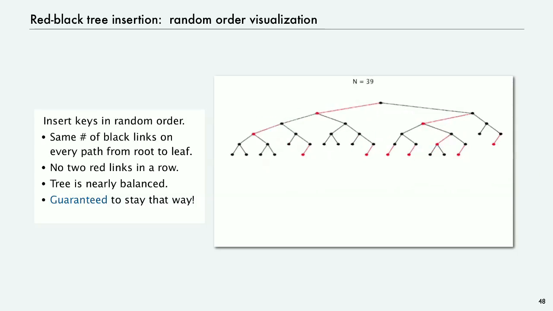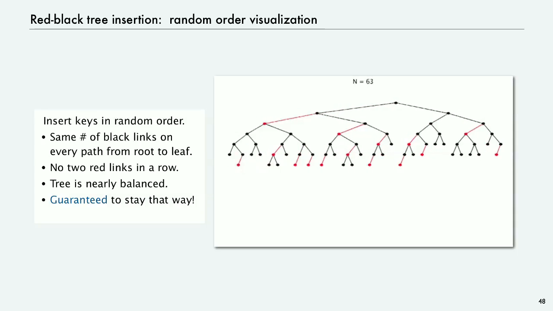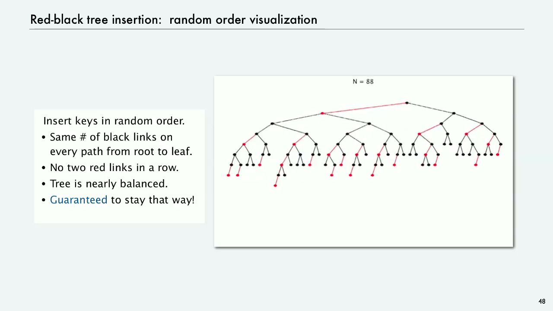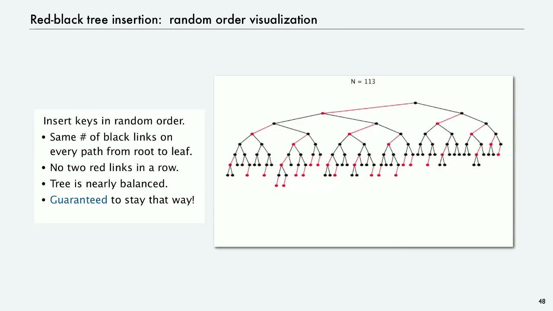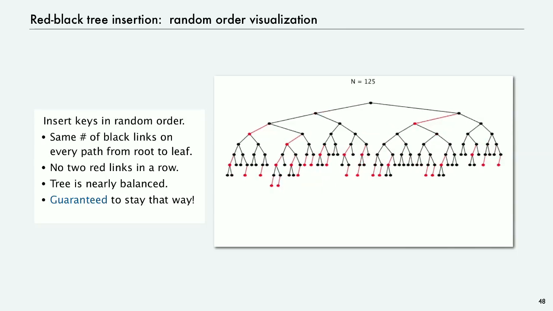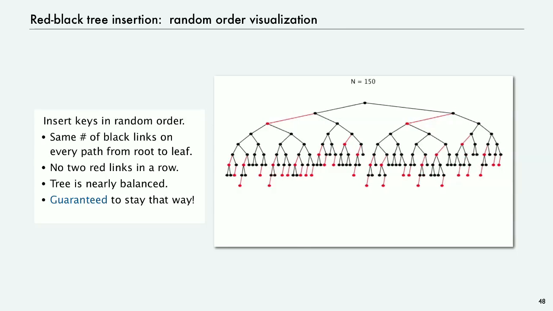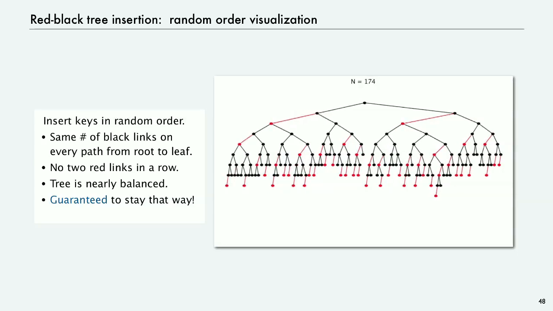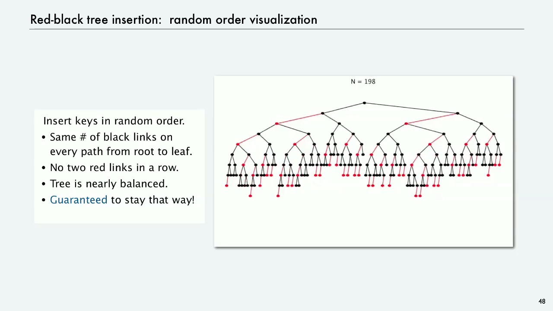So the idea is that some of the links are red and some are black. And there's a restriction that there's never two red links in a row. And just maintaining that restriction, and that the number of black links from the root to the bottom is always the same, turns out to be not so difficult to do, and the tree is very nearly balanced, almost exactly log n, and it's guaranteed to stay that way.